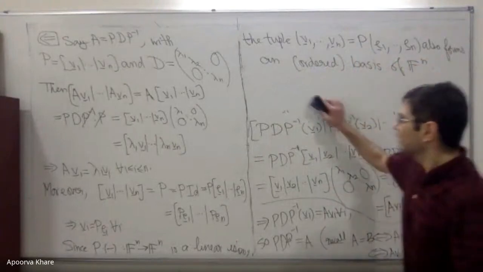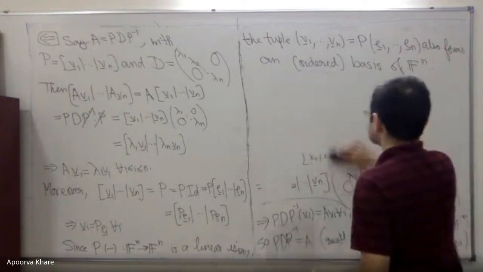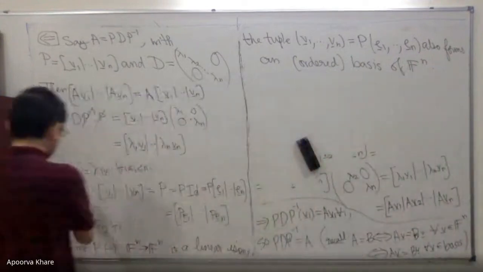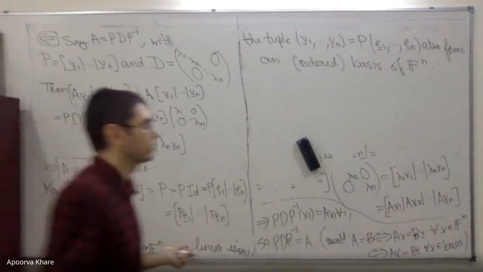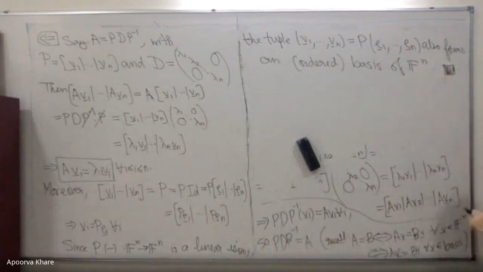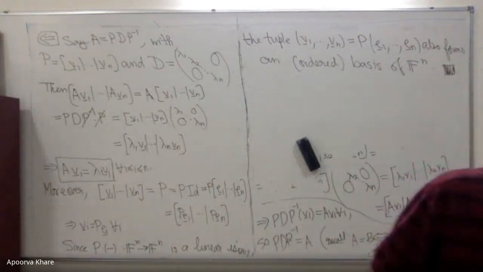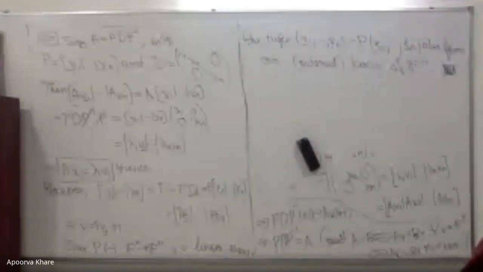So indeed you have a basis of vectors v1, v2, ..., vn, and each of those vectors is an eigenvector. Therefore you have an eigenbasis and you're okay, good. That's why matrices are diagonalizable if and only if this happens. Okay, fine.